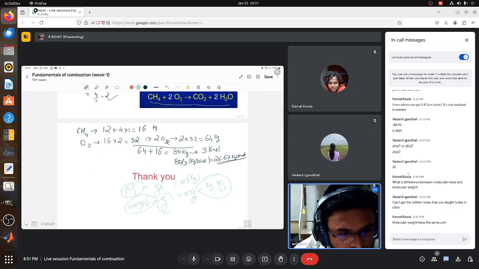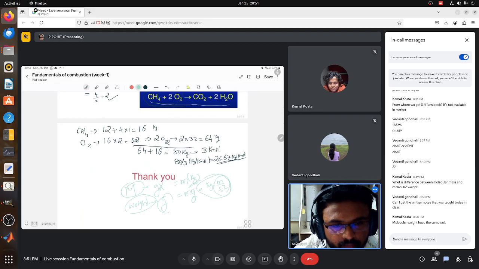Molecular weight and the same unit? No, so molecular mass, as I said, is in kilograms and weight will have a different unit. But when you are dealing with molecular weight, we say it in grams, though usually it is molecular mass that we are talking about, because we say only in grams and we don't consider gravity.